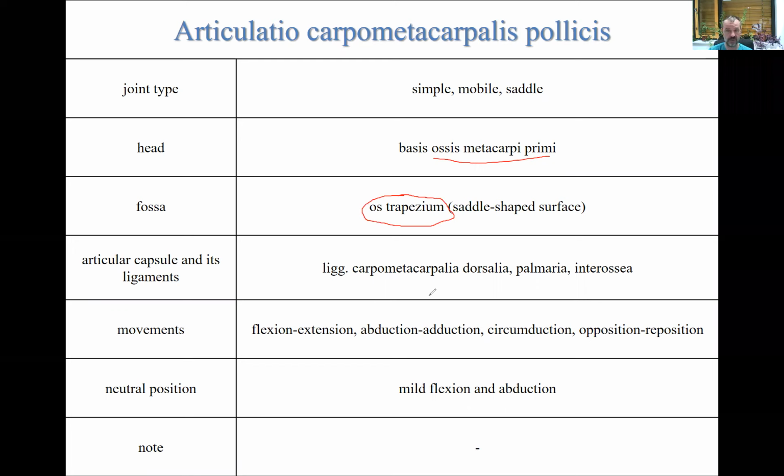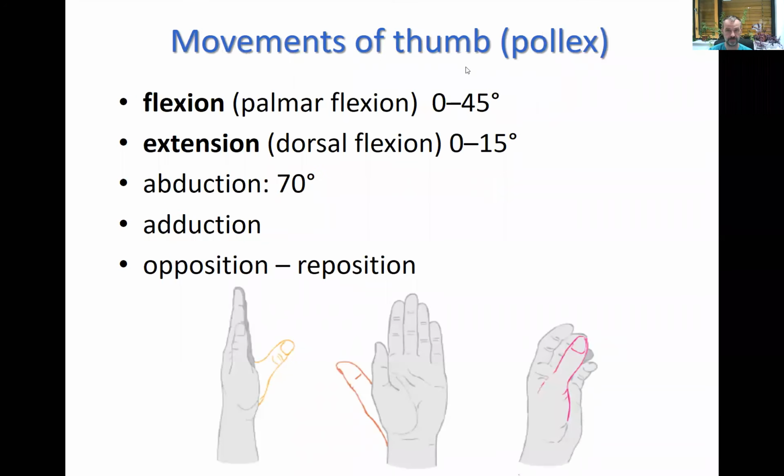It is strengthened with ligaments. The names are very easy. Carpometacarpal, again from 3 sides: dorsal, palmar, interosseous. And then the functions we will show. So you can see the basic function, which is flexion and extension. Flexion and extension allows us quite large movements, altogether again 60 degrees.